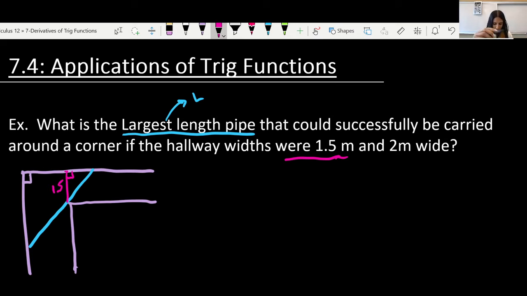Okay, so there's that part, and then I'm going to call this down here theta. And then I'm going to do the same thing over here. If I were to go through here and draw this out, I know that this length here is 2 meters. I didn't put the meters by the 1.5, but I don't have much room there. So know that it is 1.5 meters. I'm just leaving it off the diagram.